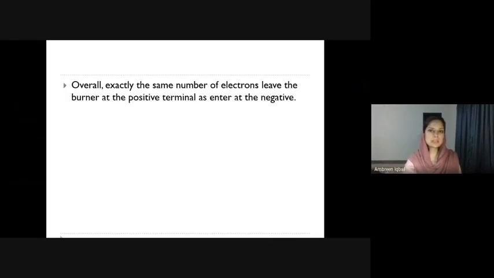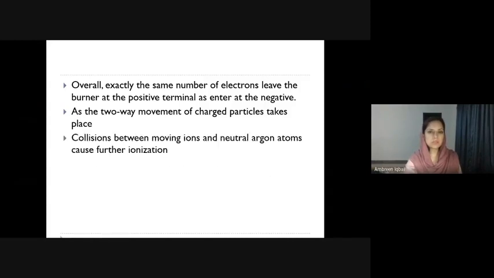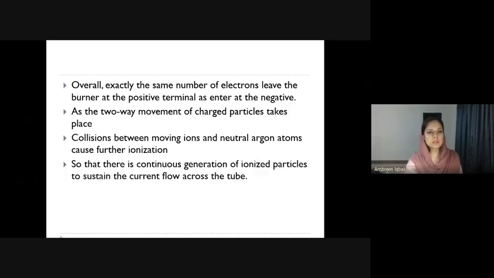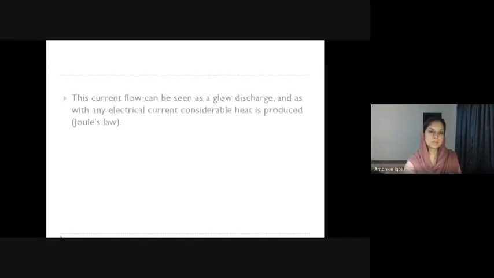Overall, exactly the same number of electrons leaves the burner at the positive terminal as enters at the negative terminal. As this two-way movement of charged particles takes place, collisions between moving ions and neutral argon atoms cause further ionization. So there is a continuous generation of ionized particles to sustain the current flow across the tube.